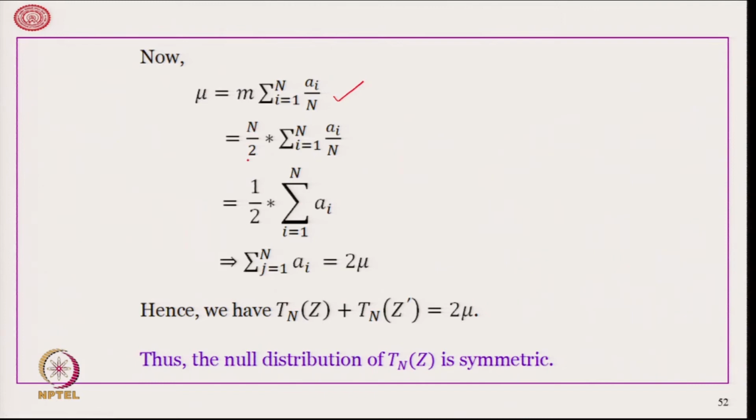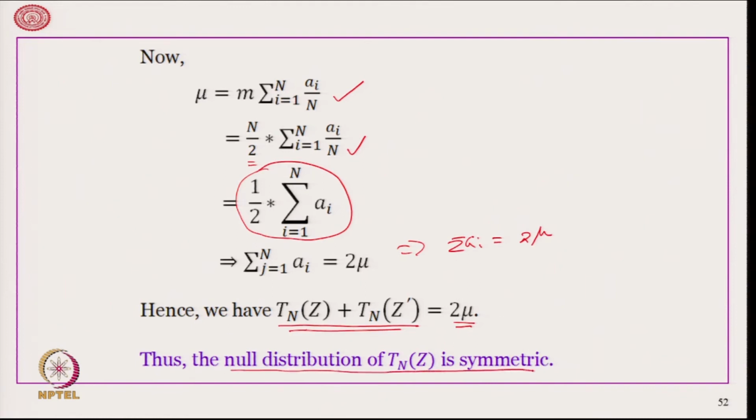Now, small m is equal to n by 2, times sigma a_i by n, n cancels, therefore, we have half times sigma a_i, implies that sigma a_i is equal to twice mu. Therefore, T n z plus T n z prime is equal to twice mu. Therefore, by our condition of symmetricity, the null distribution of T n z is symmetric.